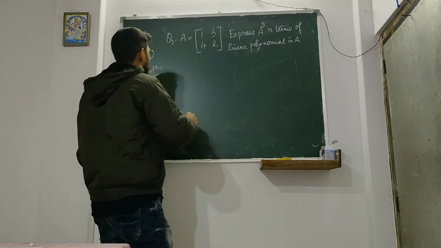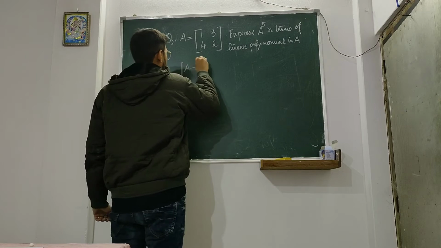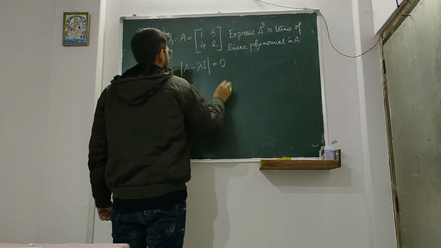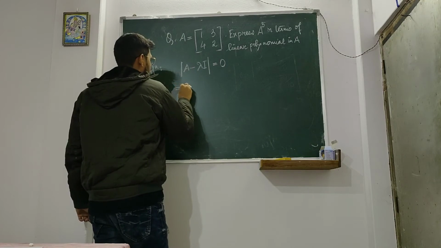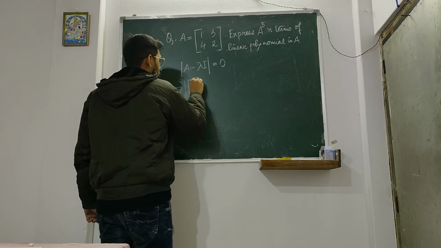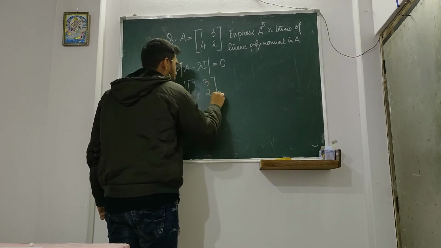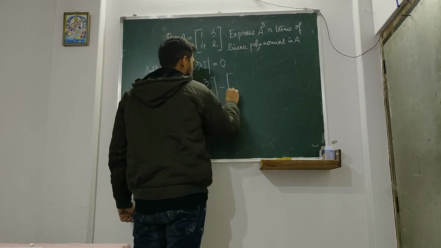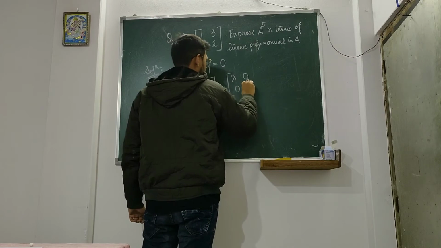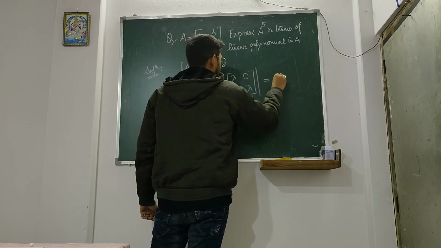Okay, so just like the previous one, we are going to use A minus lambda I equals to 0, and we are going to put the values. So A was 1, 3, 4, 2 minus lambda into I will be lambda 0, 0, lambda, and that will be equals to 0.